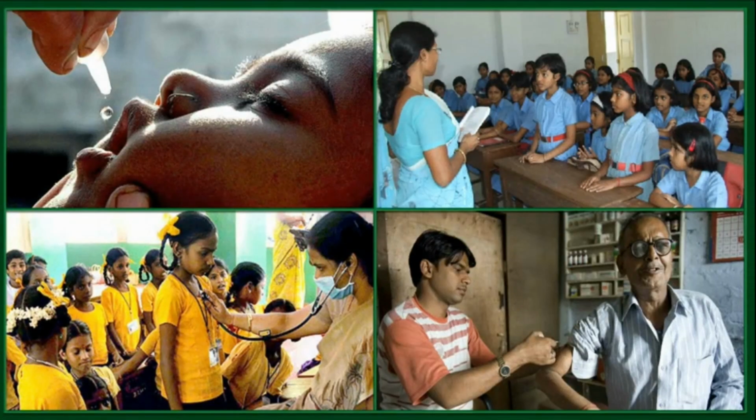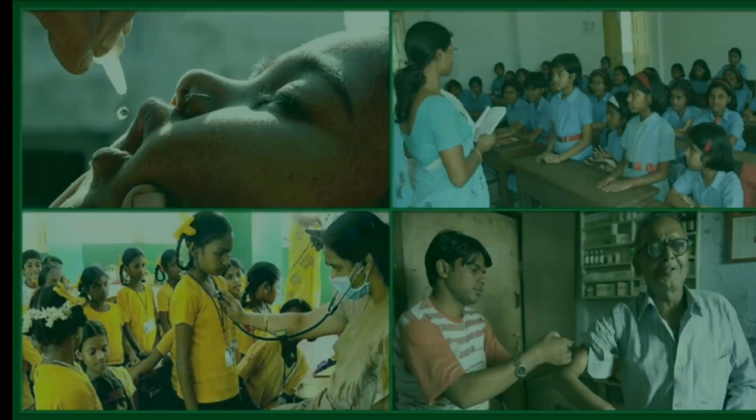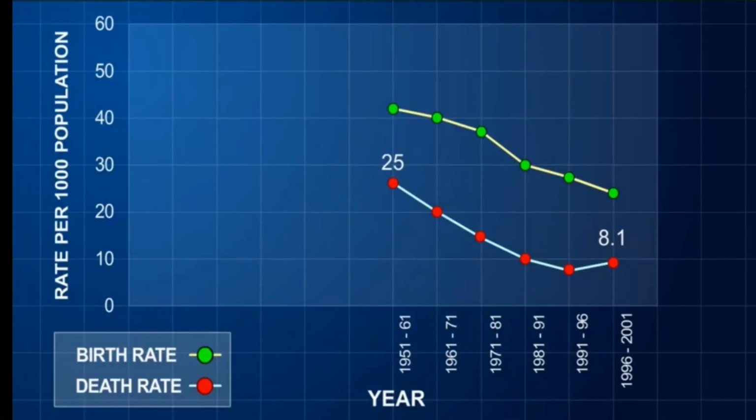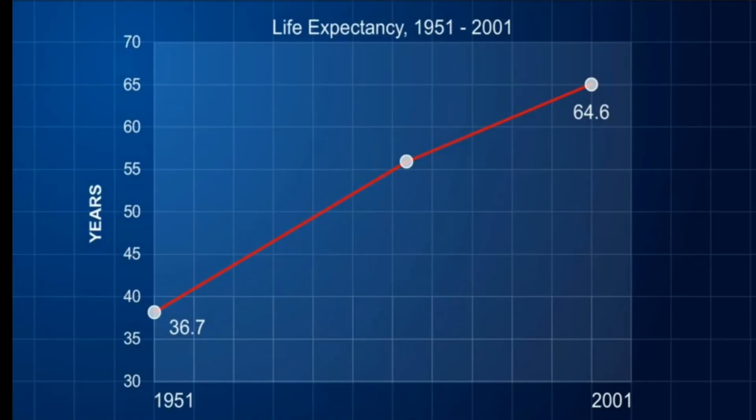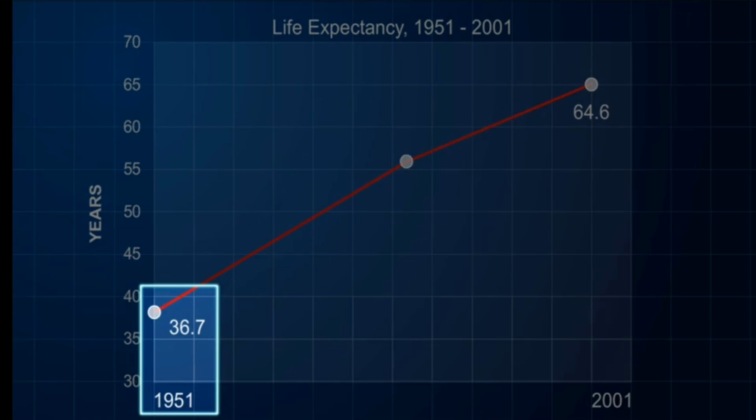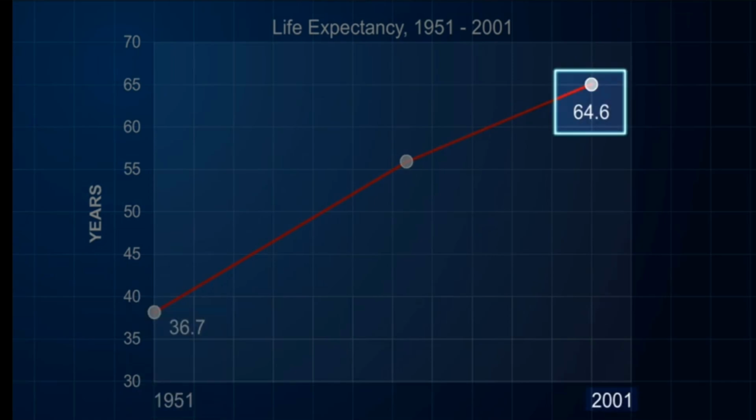This is largely due to programs run by the government for the health of its citizens. India's death rate has declined from 25 per 1,000 population in 1951 to 8.1 per 1,000 in 2001. Life expectancy at birth has increased from 36.7 years in 1951 to 64.6 years in 2001.